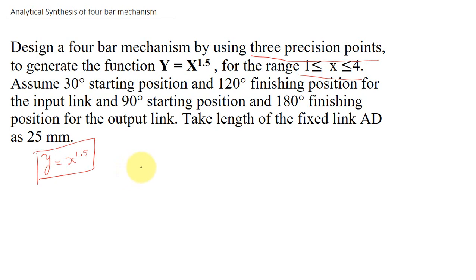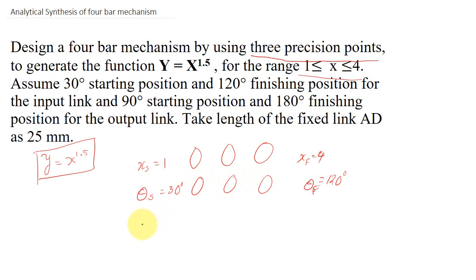So it means that the start point xs is equal to 1 and xf, the final position, is equal to 4. In between you have got 3 points. Similarly, the input link angle theta s is equal to 30 degree and the finishing position of the input link angle is given as 120 degree. That means theta f is equal to 120 degree. Here also you have to find 3 precision points.